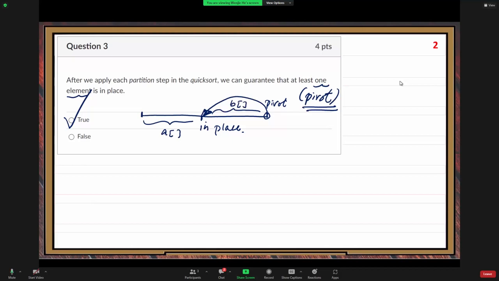So first, we can guarantee this element is in place. Other than this one, for all the other elements we cannot guarantee it. There is a possibility they are in place, or not in place. For example, if some element here happens to be in place, there is a possibility, right?